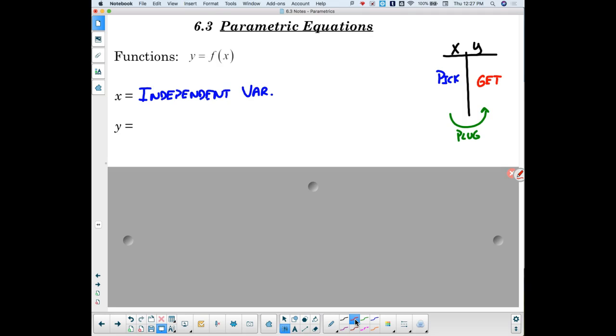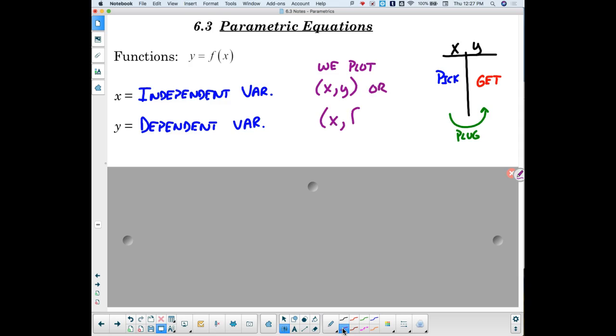So that makes x our independent variable, and y our dependent variable. And then we plot all of the x comma y points, or really x comma the value of our function at x.